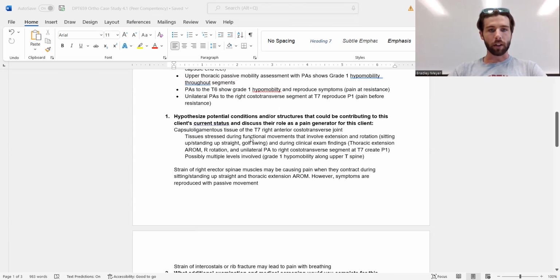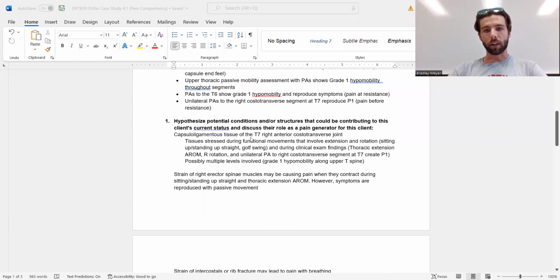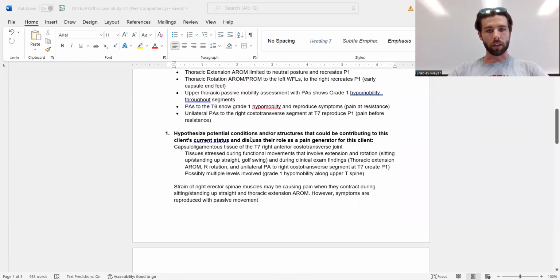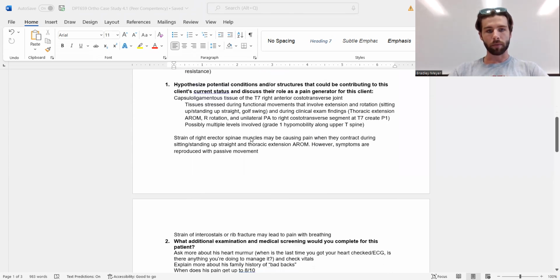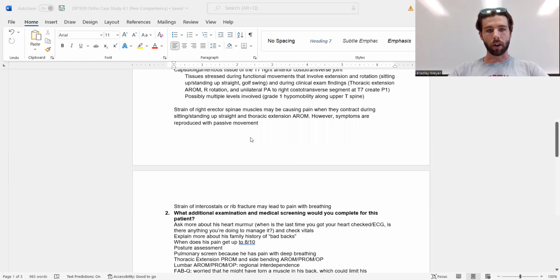And then I also just added that there possibly will be more involvement of other thoracic levels, because one of the exam findings was grade 1 hypomobility throughout the upper thoracic spine. So that's my primary hypothesis.